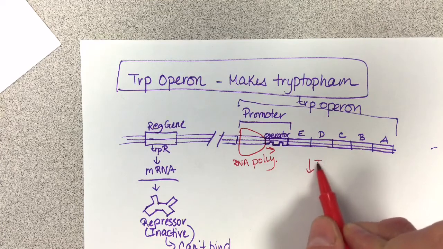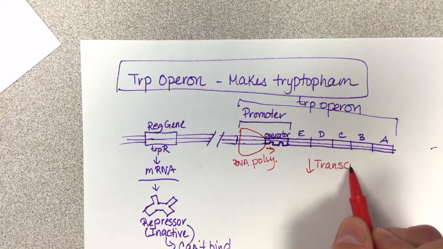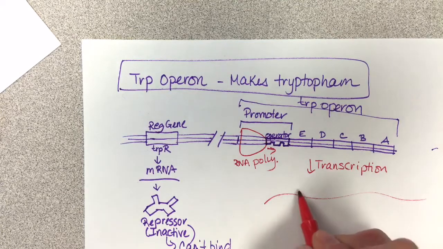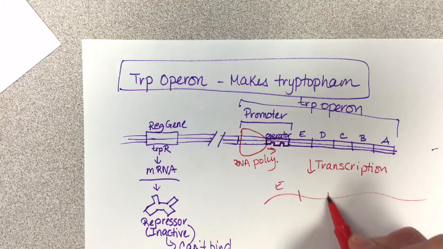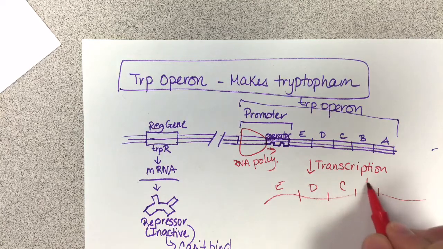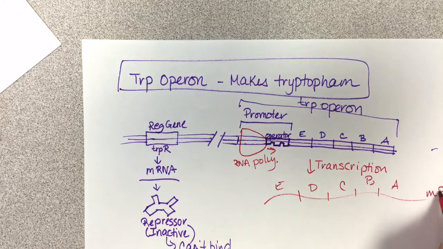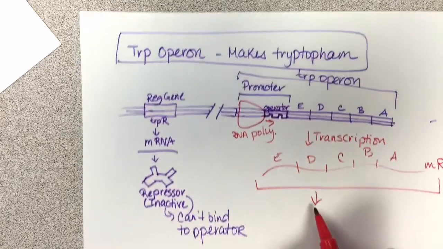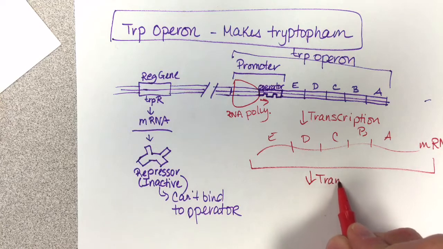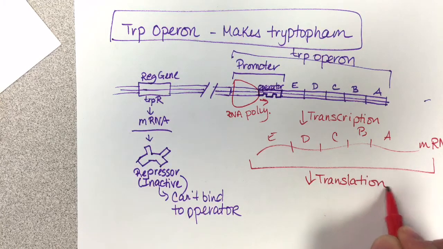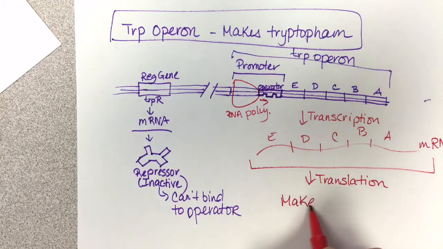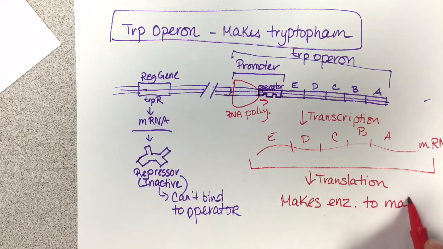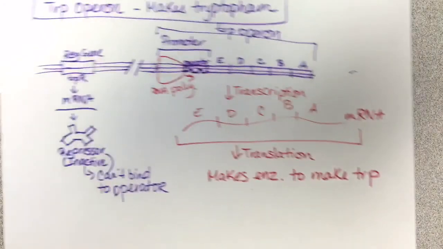Transcription is making a long piece of mRNA that is coding for all 5 of these genes. So this is your mRNA. And this now can go to your ribosome to do translation and makes enzymes to make tryptophan. I'll just put trp for tryptophan.